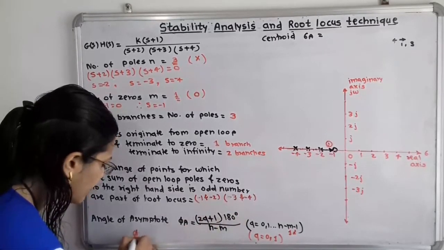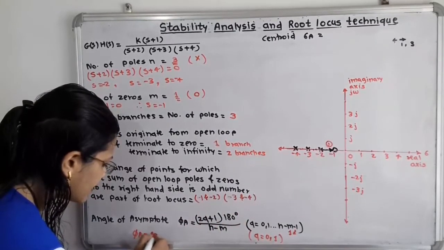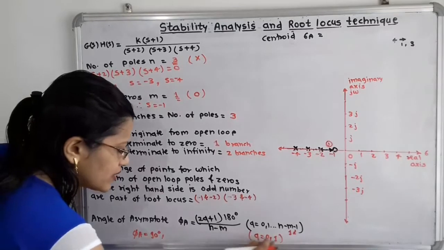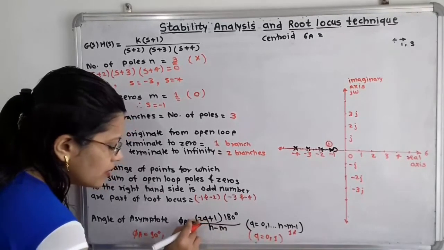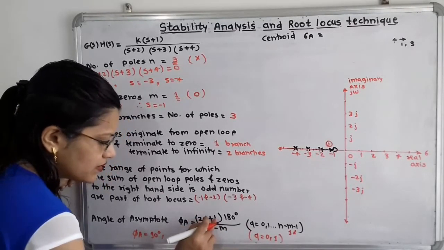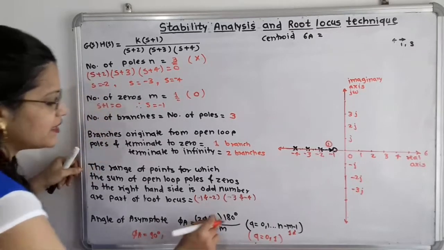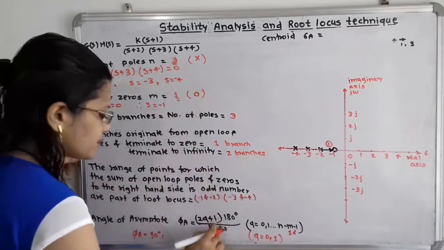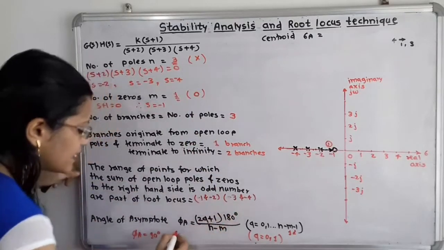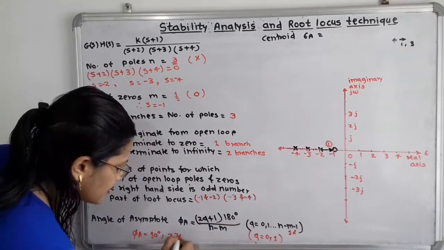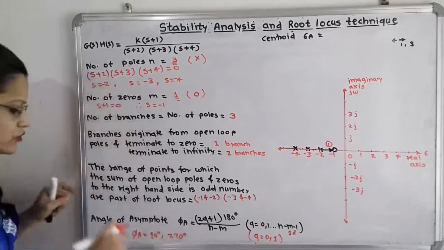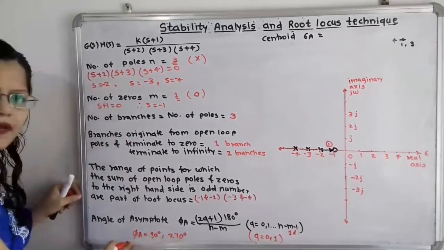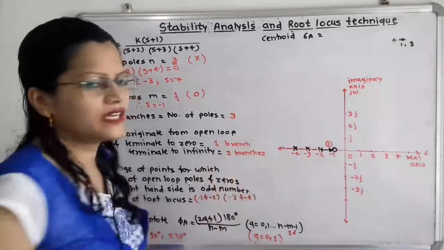So phi A is equal to 90 degree. And when I take q is equal to 1, so 2 into 1 is 2 plus 1, 3, and 3 into 180 divided by 2, I will get 270 degree. So these are the angles made by the asymptote with the real axis.